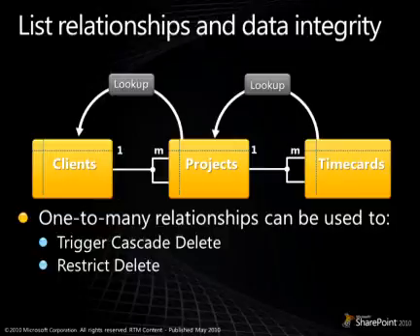If we are using cascade delete and there are lookups associated between the lists as defined in the picture, by deleting a client from the client's list, all items in the project list associated to that particular client would be deleted. If we had the same cascade delete relationship from projects to time cards, all time cards associated to those projects which are associated to the deleted client would also be automatically deleted.